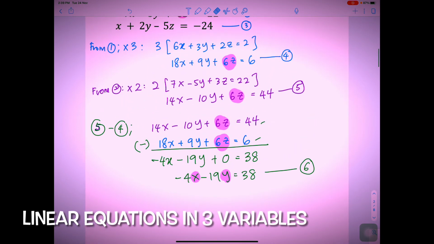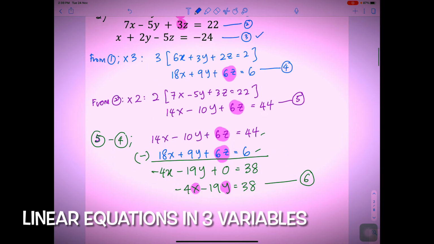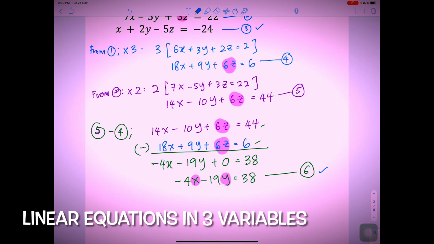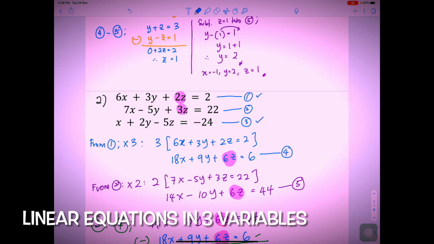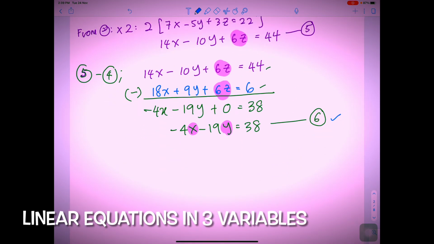From equation 3 and equation 1, we want to eliminate terms so that we are left with only x and y terms, so we also want to eliminate the z terms.